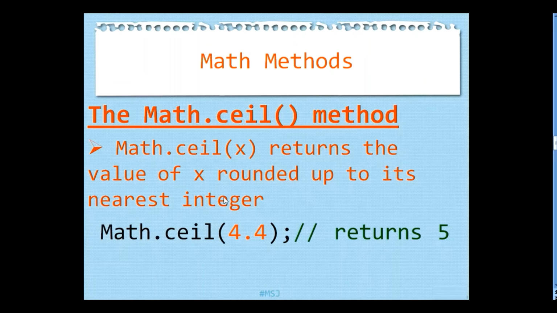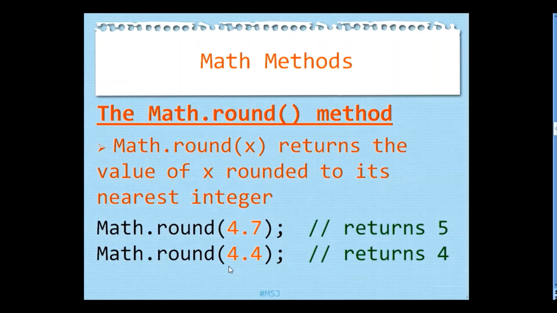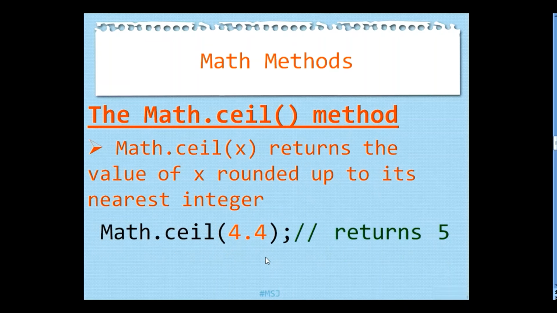Now there is a difference between round and ceil. In the previous method round, if the value is 4.4, it returns 4. So the nearest integer is 4. But now with ceil, it's not like that. It rounds the number to its next integer. So 4.4 becomes 5.